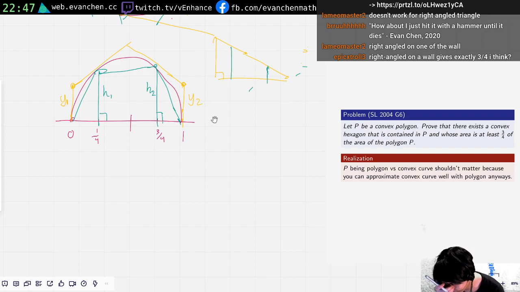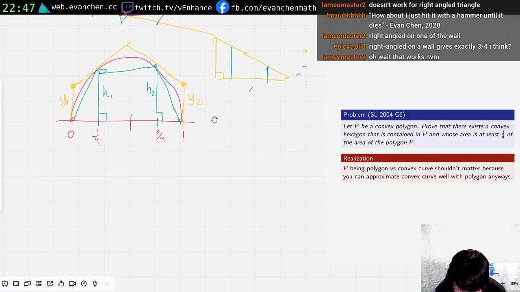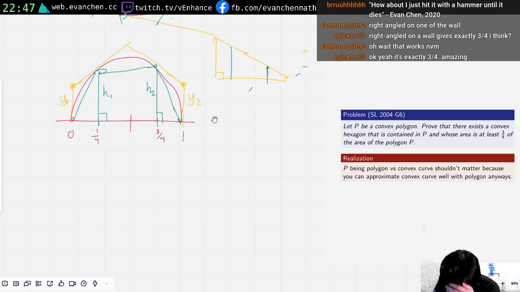Oh no, no, no. Oh, okay. It's 9 pieces. Yeah, that's not gonna hit 3/4. Is it? No, wait, hang on. Right, you get that, yeah, okay.